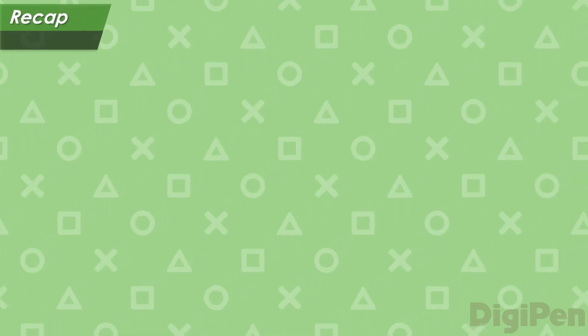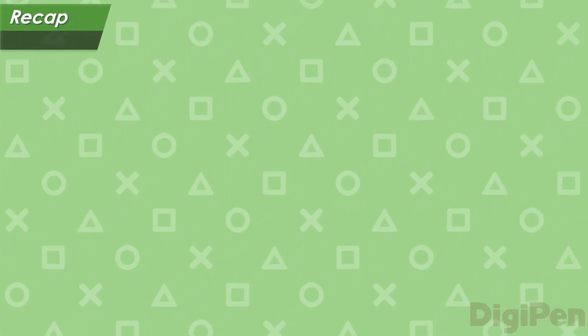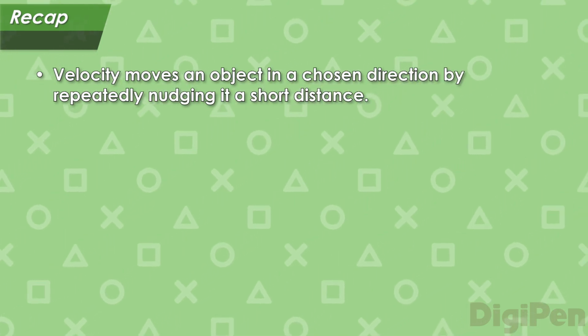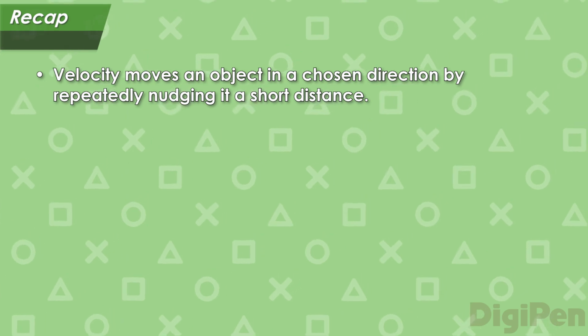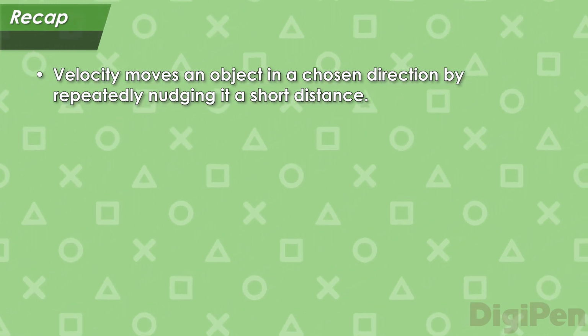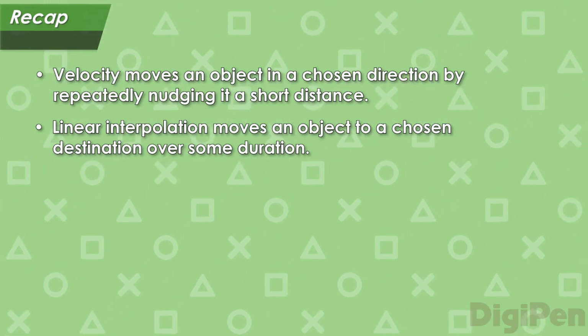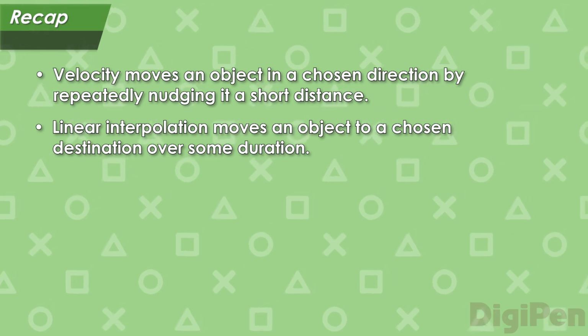Let's recap what we've learned in this video. First, we revisited the topic of how to simulate movement. With velocity, we can move something in a chosen direction by repeatedly nudging it a short distance. Then we learned about linear interpolation, or lerping, which lets us pick a destination and a duration for movement.